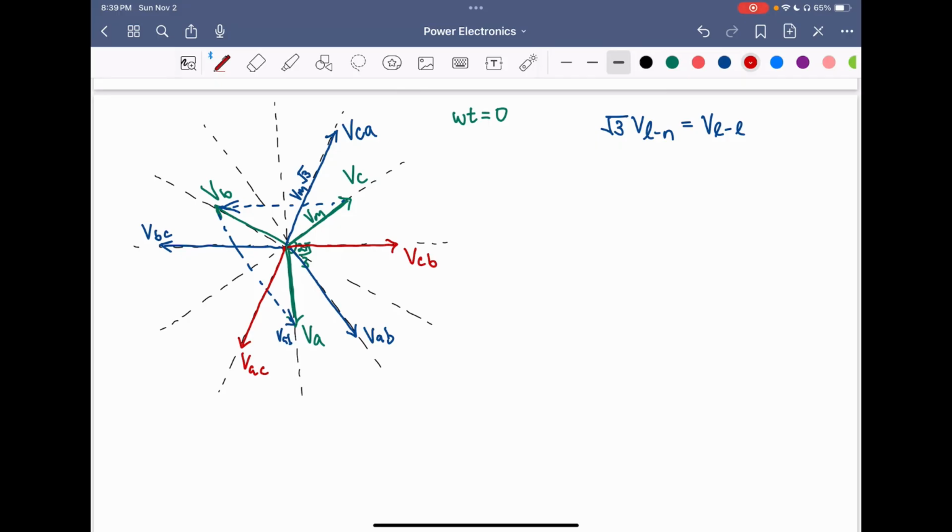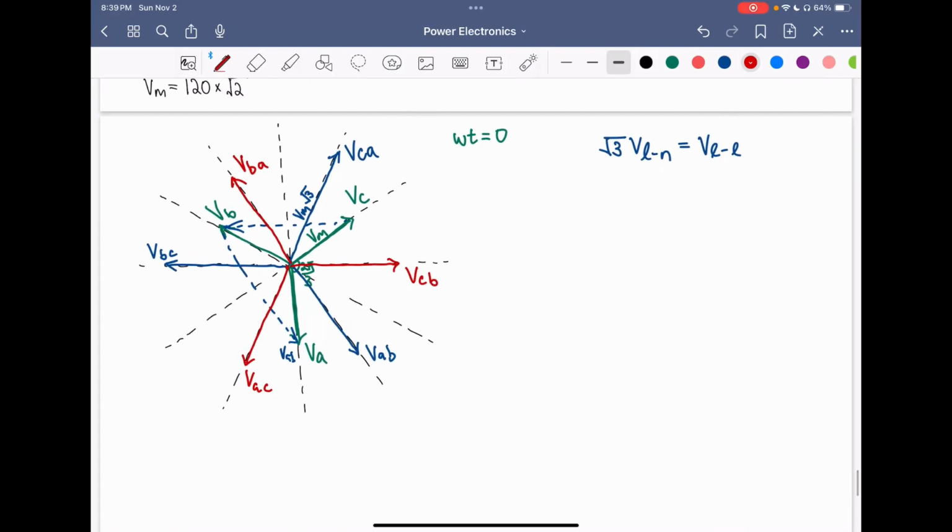And likewise, opposite VAB is VBA. So this is VBA. So we have drawn out the 6 line-to-line voltages using our line-to-neutral voltages. The next step is to draw out the sinusoidal waveforms of these line-to-line voltages.